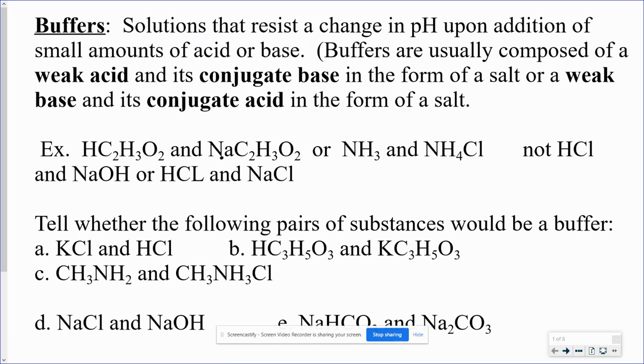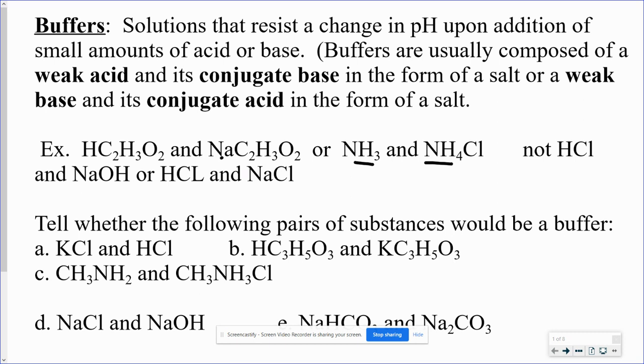So acetic acid with sodium acetate can be a buffer, or ammonia and its conjugate acid. Ammonia is a weak base, its conjugate acid is NH4 plus. In the form of a salt, it would be ammonium chloride, not HCl and NaOH or HCl and NaCl. Those are not weak acids with their conjugate base or weak bases with their conjugate acid.